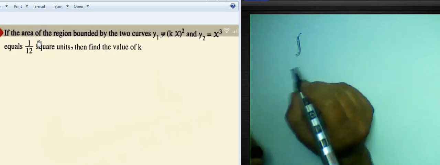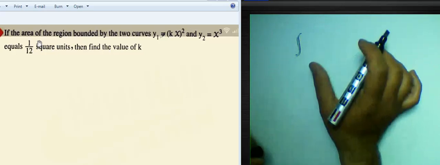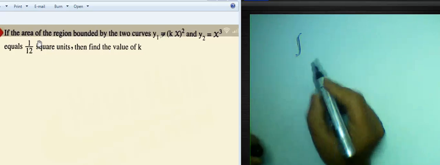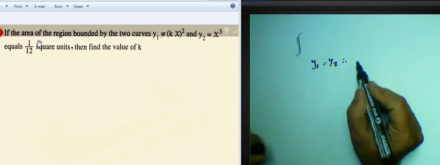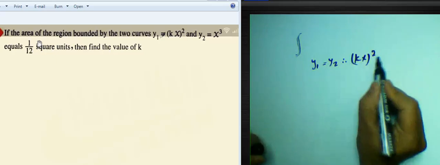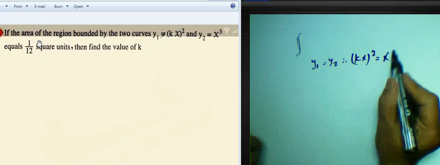But we must set y1 equal to y2 to know the intersection between the two curves. Put y1 equal y2, then kx² equals x³.